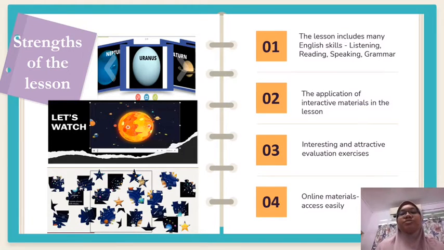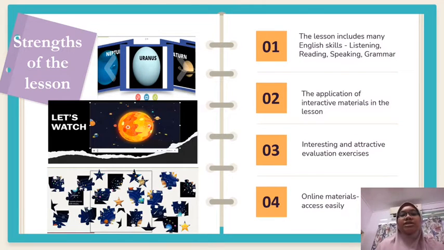And then speaking: the important part of speaking is that when the students speak, the best advantage is they will learn how to pronounce the words correctly. And the last part is grammar. This is one of the important aspects of the English subject.